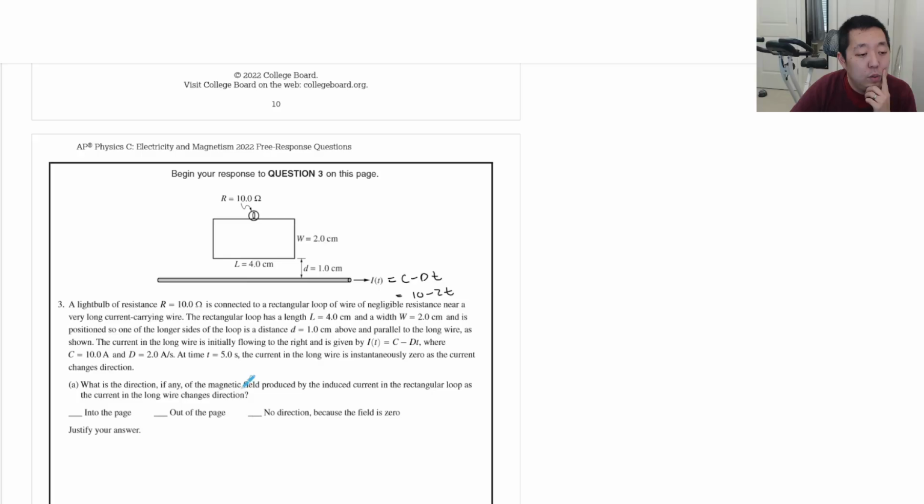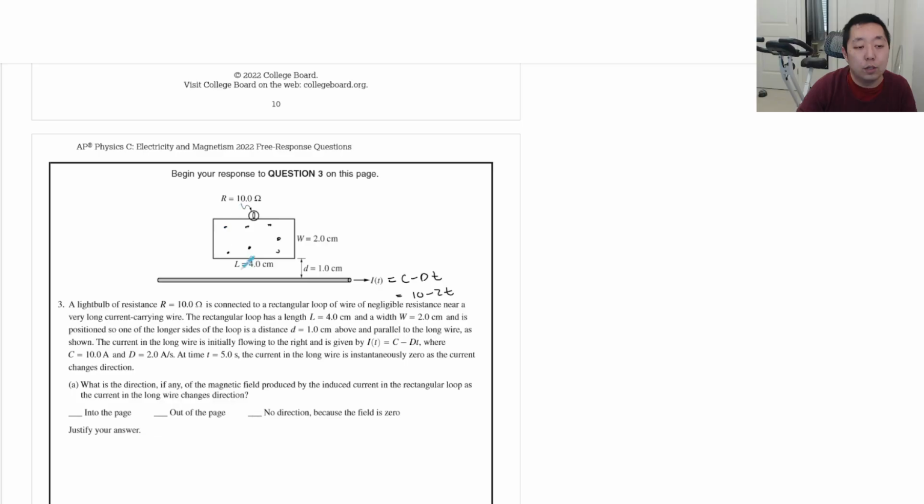Okay. What is the direction of any magnetic field produced by the induced current in the rectangular loop as the current in the wire changes directions? Right now, with my right hand rule, my thumb is going to the right, and the magnetic field coming from this wire is coming out of the page. If the direction changes, the magnetic field is now going to go into the page.